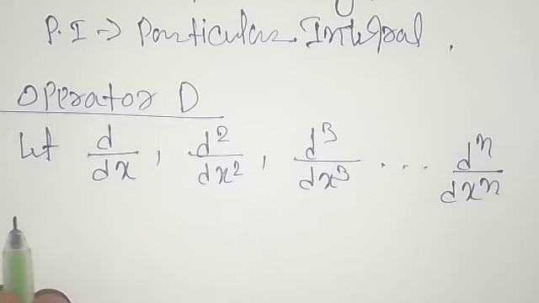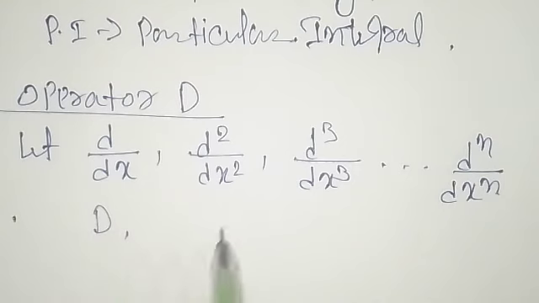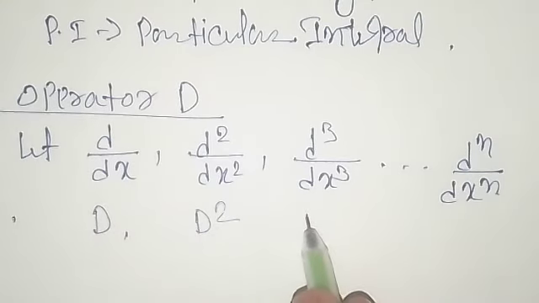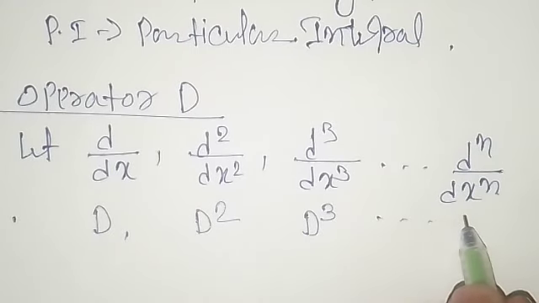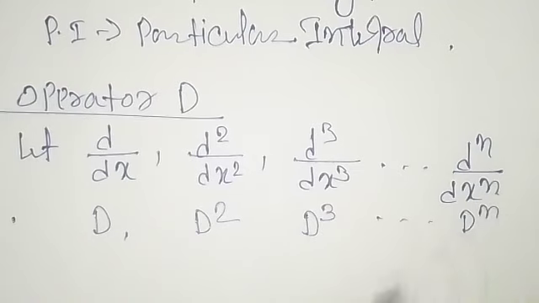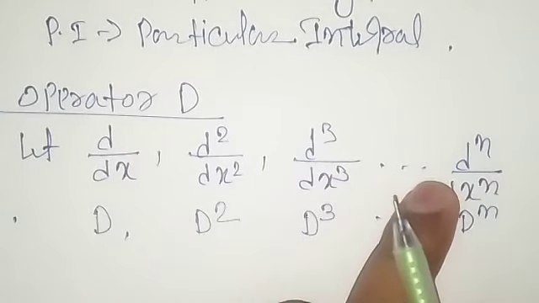D by dx is nothing but D, d square by dx square is D square, d cube by dx cube is D cube, and so on, d to the power n by dx to the power n we can write as D to the power n. So D is the operator of this differential.